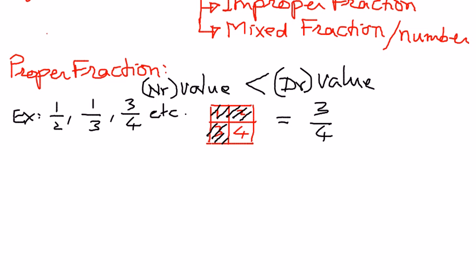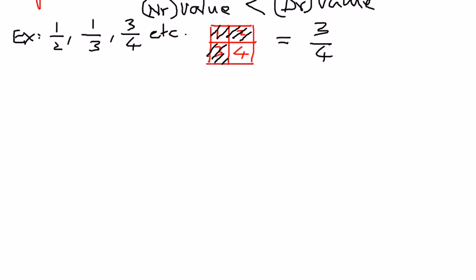The next one we want to understand is what an improper fraction is. So let us try that. An improper fraction, let me write here. In an improper fraction, the numerator is greater than or equal to the denominator.